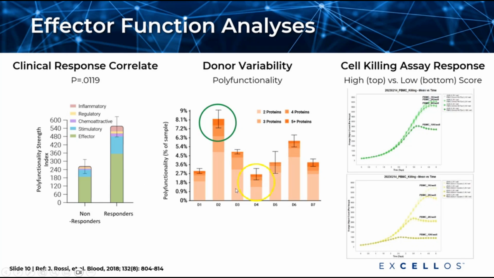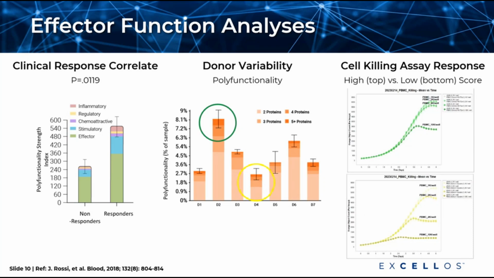A higher polyfunctionality score, such as donor 2 here, shown in green, correlates with better cell killing. This is a higher E score, and the yellow, lower polyfunctionality donor 4 correlates with more nuanced or less appreciable cell killing.